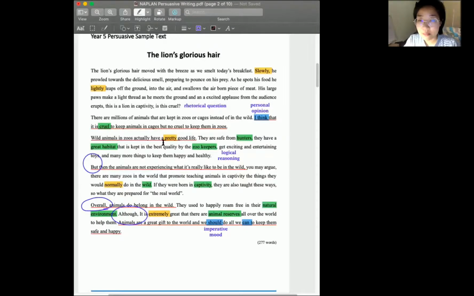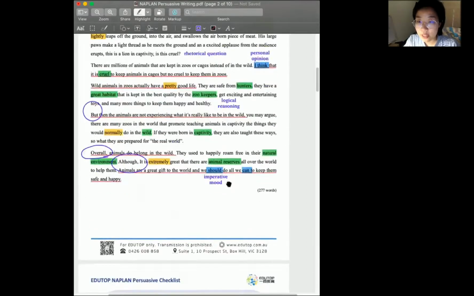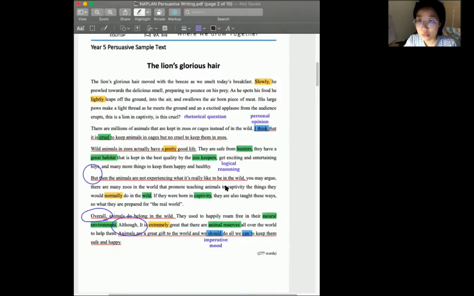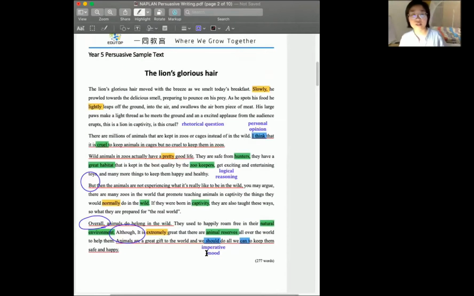So that's the main persuasive techniques used in this writing. So we have personal opinion, I think, rhetorical question, logical reasoning in each paragraph, and imperative mood. So you can see this person has used 4 persuasive techniques in their writing.